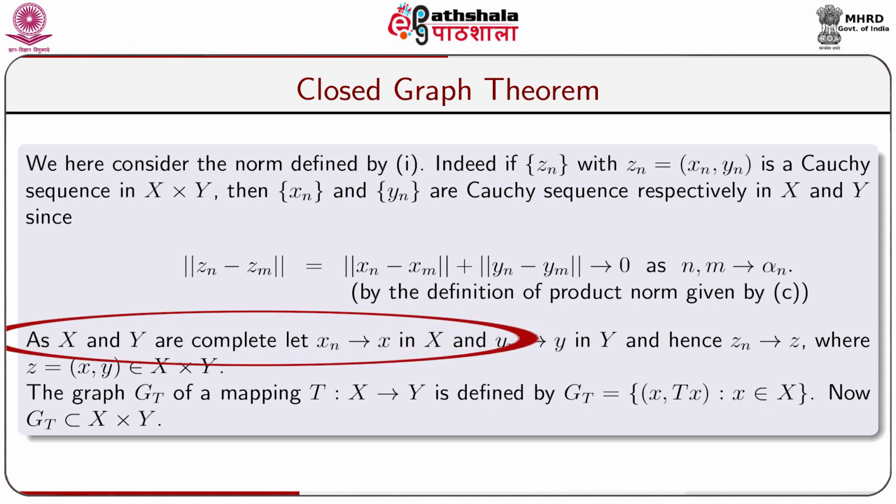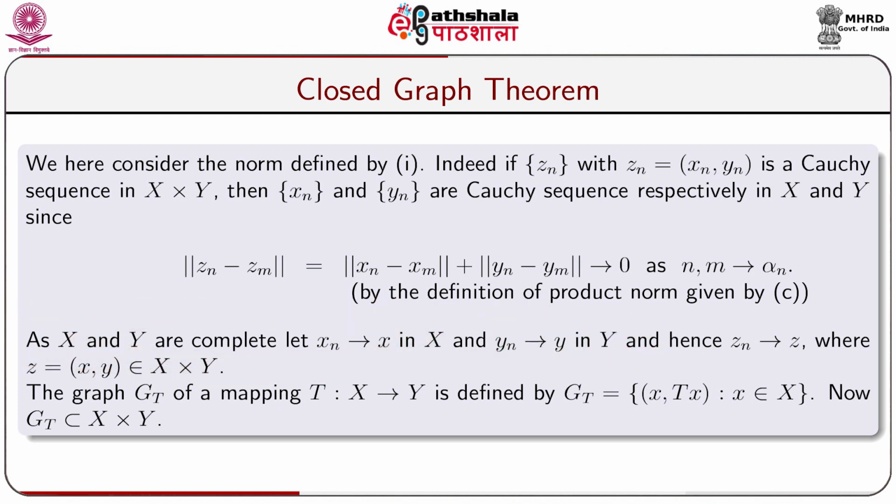As X and Y are complete, let xn go to x in X and yn go to y in Y as n tends to infinity, and so Zn converges to z as n tends to infinity, where z is equal to the pair (x, y) belonging to X cross Y.